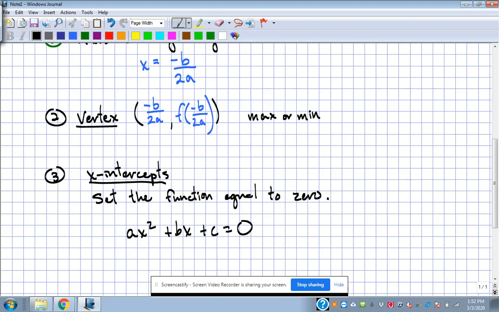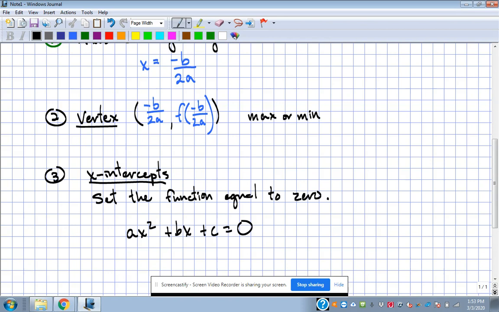Well, what do you know? That's exactly what we just finished doing, right? The last test we took was finding the zeros, or solutions to a quadratic equation. We're finding the zeros, the x-intercepts, the solutions.